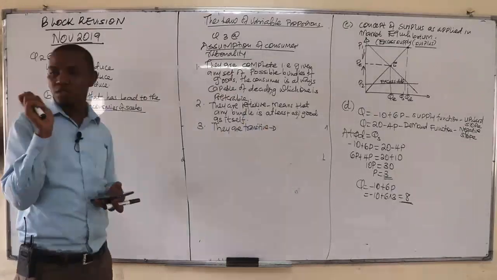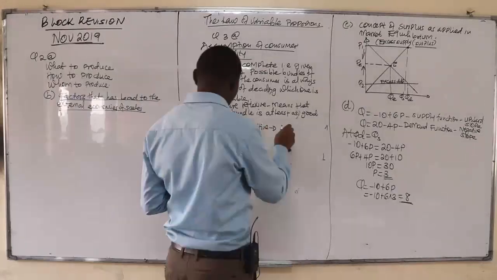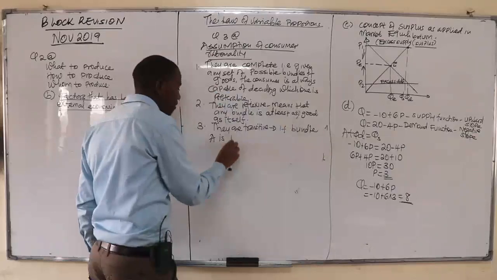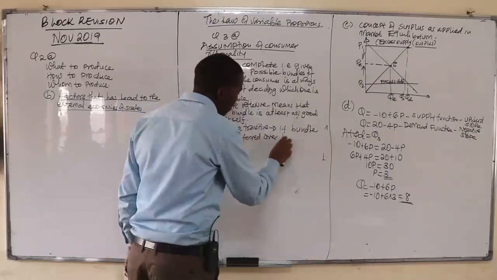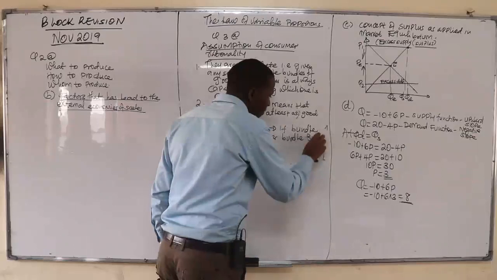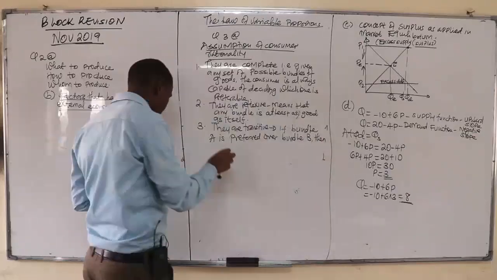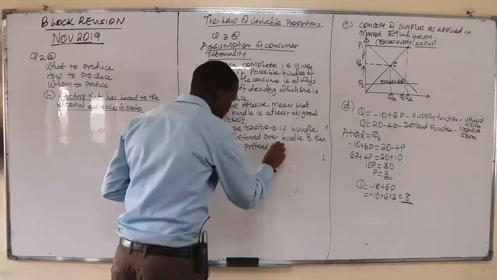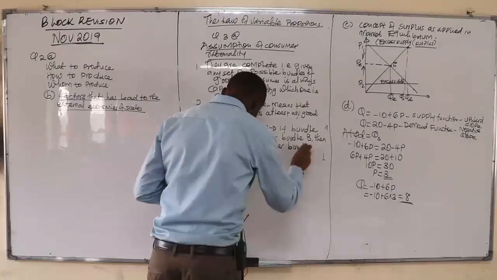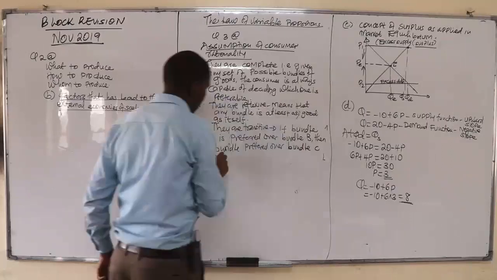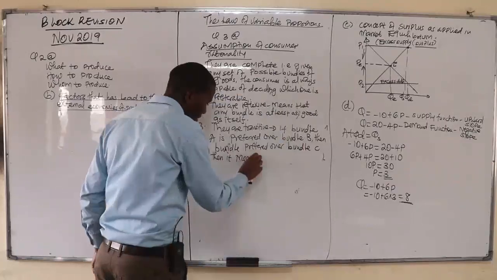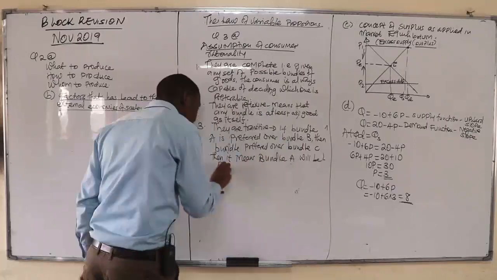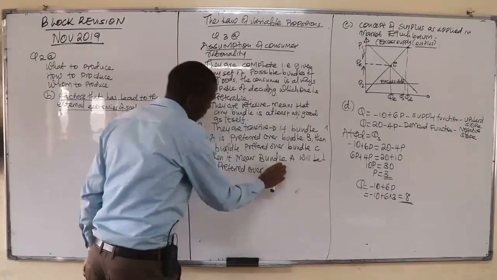When we talk about transitivity, we say that if bundle A is preferred over bundle B, and bundle B is preferred over bundle C, then it means bundle A will be preferred over C.